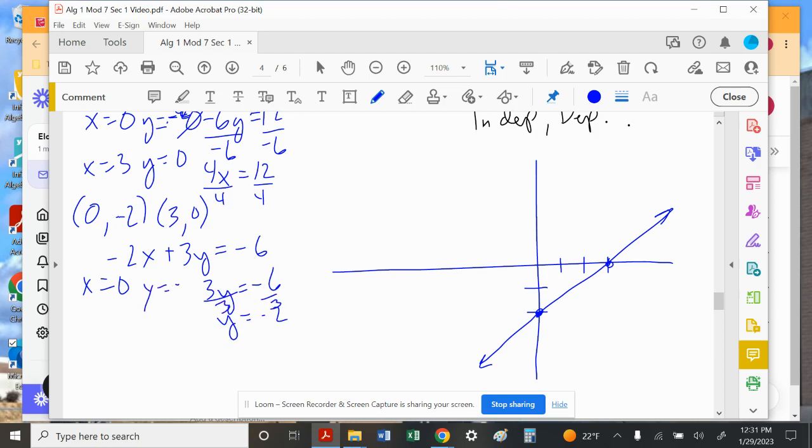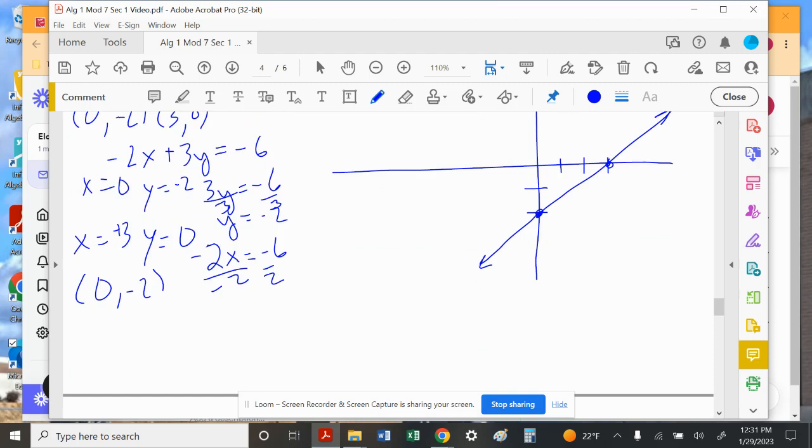I then set y equal to 0, so I have negative 2x equals negative 6. Divide both sides by negative 2, and x equals positive 3. So I have 0, negative 2, and 3, 0, which are the exact same points that I have there. So that tells me they are the same line.